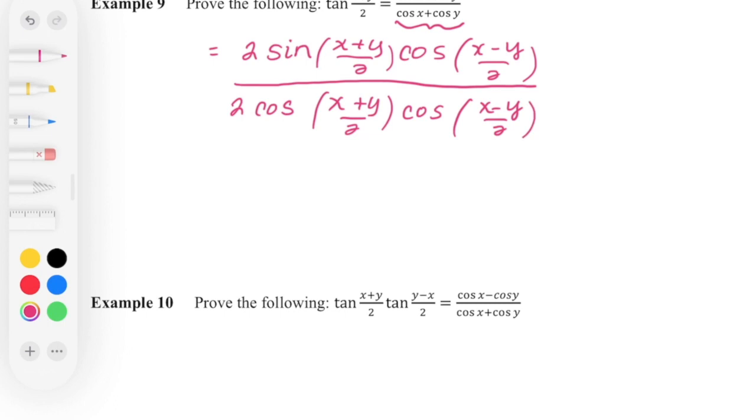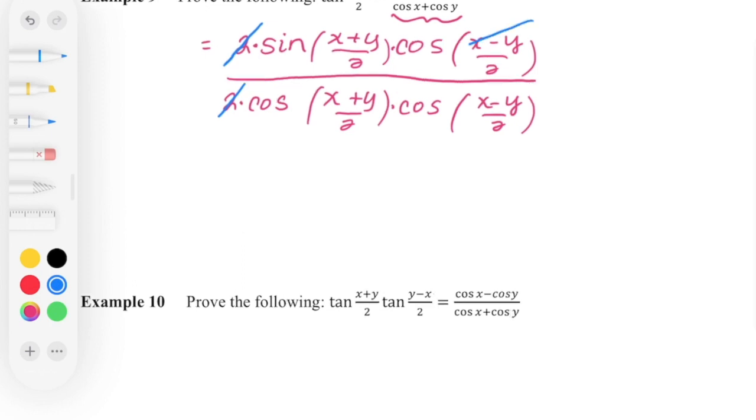A couple of things are happening. Notice that these are all being multiplied together, so we have some common factors that we can eliminate. I can eliminate 2 because they're a common factor. And notice here on the right, we have cosine of (x minus y) over 2 over cosine of (x minus y) over 2. So we have a common factor here.